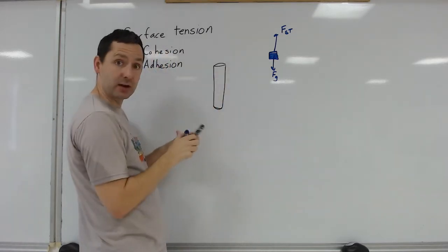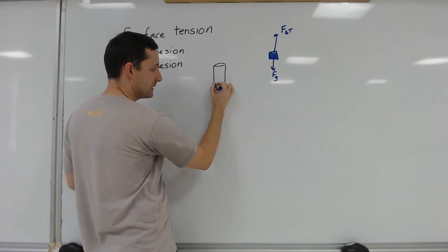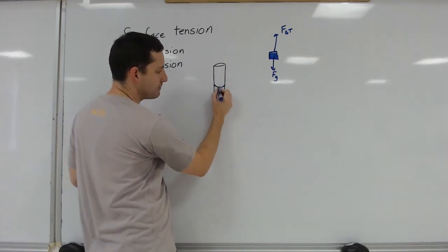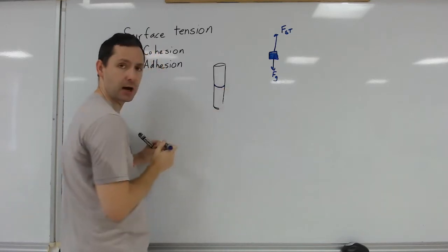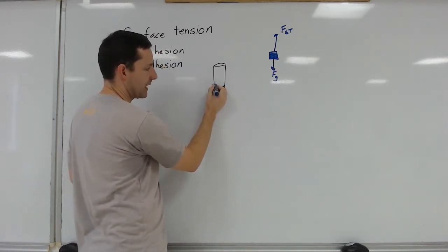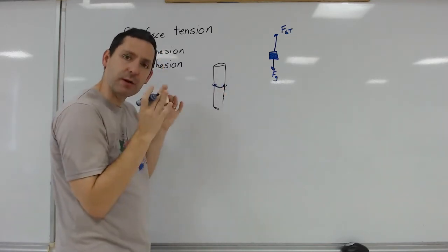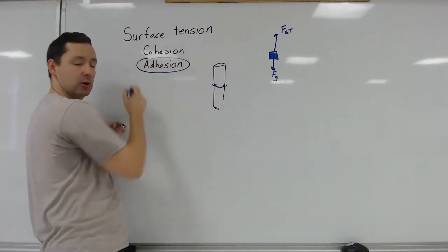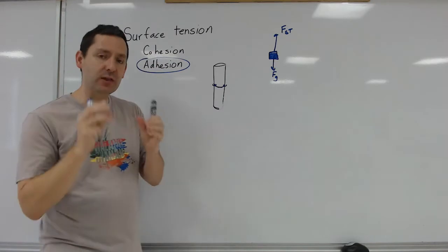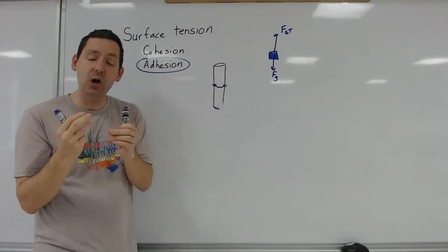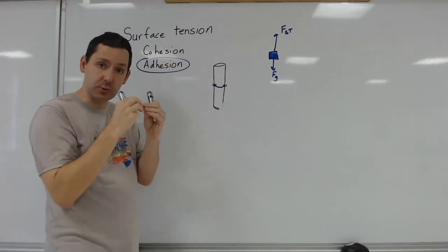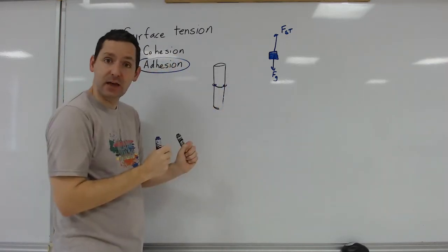When you had liquid in there, there was always this thing that we called the meniscus, right? And you always measured this point right here at the bottom. What was happening over on the sides? Well, the water was creeping up the sides. That's because the adhesion, or the adhesive forces between the water molecules and the glass, were higher than the cohesion, the force between the water molecules trying to get them to stay together.